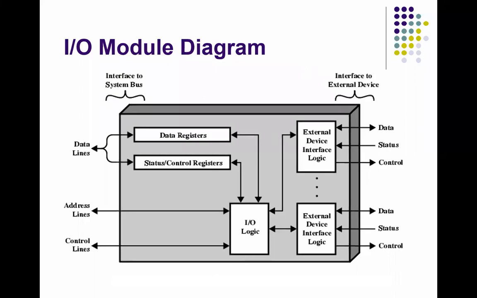The second thing you should know while discussing this IO module is the types of communication systems. So there are two types of communication system. One is simplex and the second one is duplex.